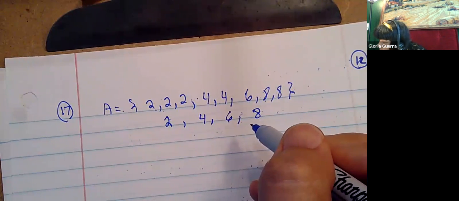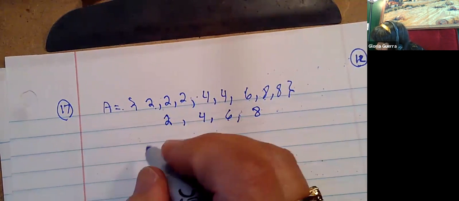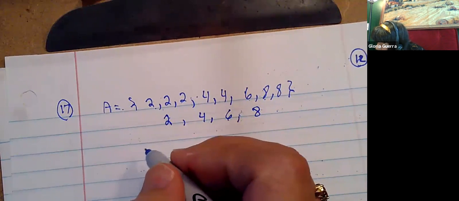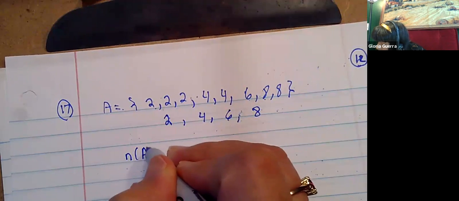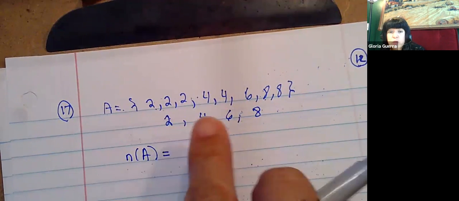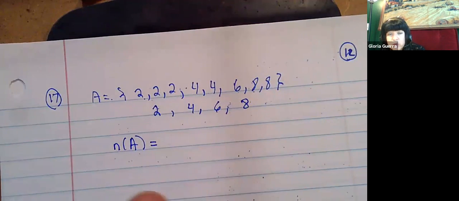Okay. So then if I do my cardinality, n of A equals, and I shouldn't count them twice. Don't count repeating items. Repeating items should only be counted once.